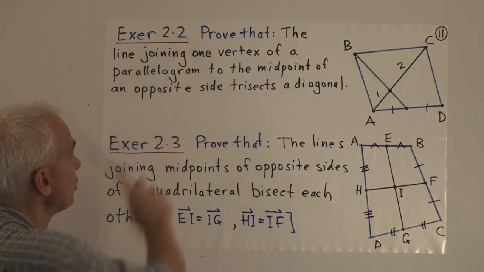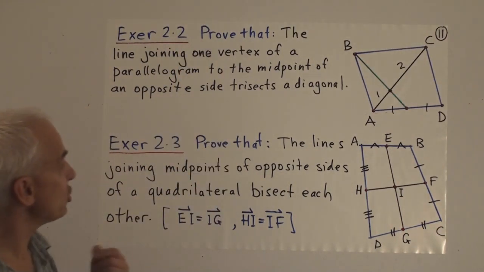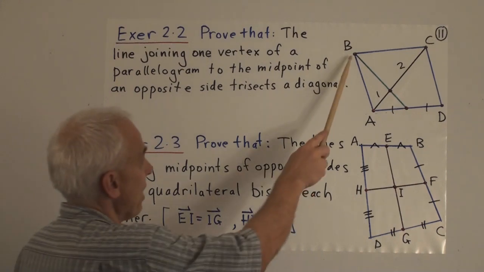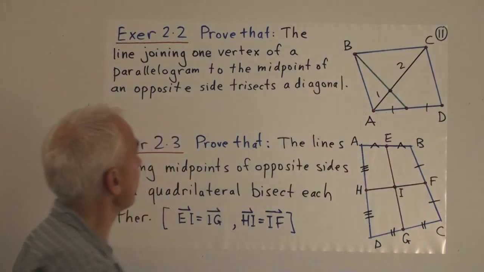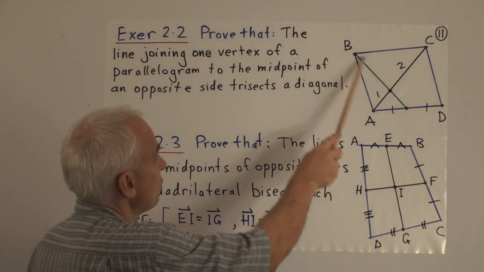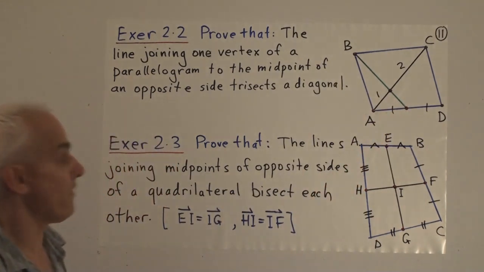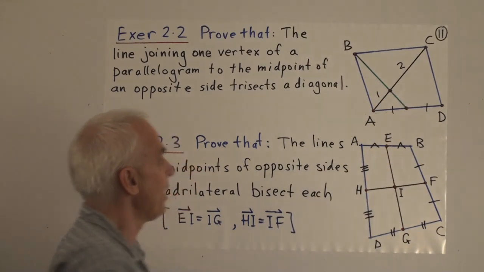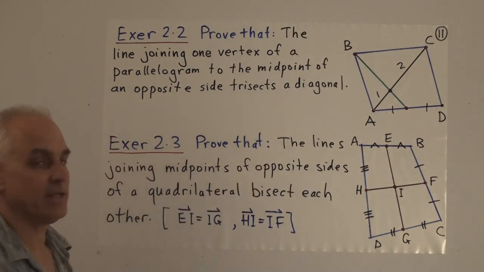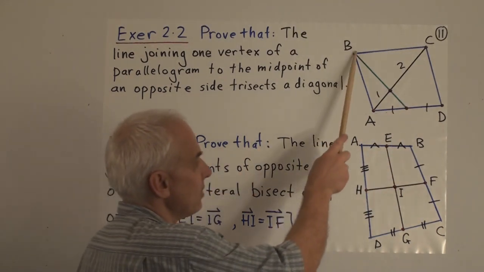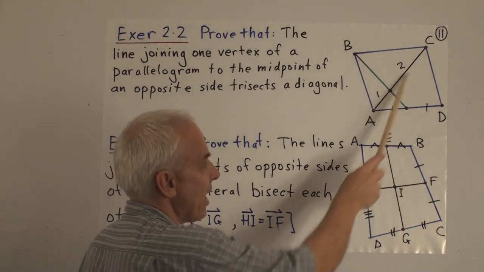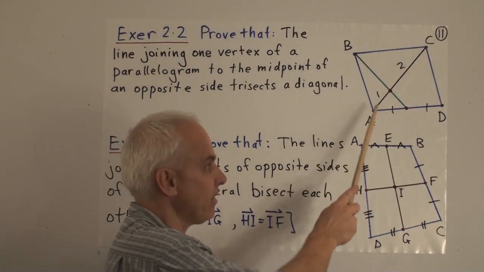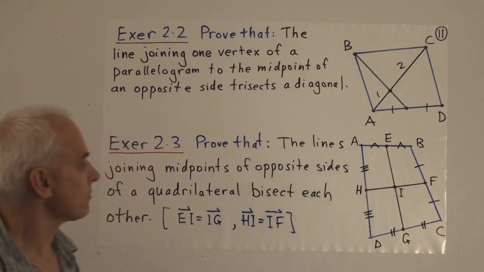So exercise 2.2, I ask you to prove that the line joining one vertex of a parallelogram to the midpoint of an opposite side, there are 2 opposite sides, so you choose either one, trisects a diagonal. So this diagonal is trisected by that line in the ratio 1:2.